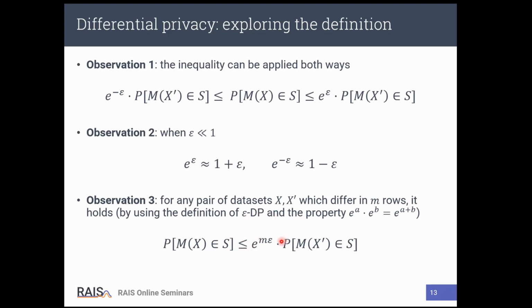So it means that even if we differ by multiple rows, we still have a smooth privacy decay.